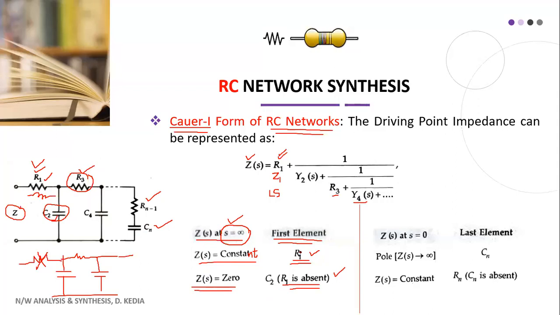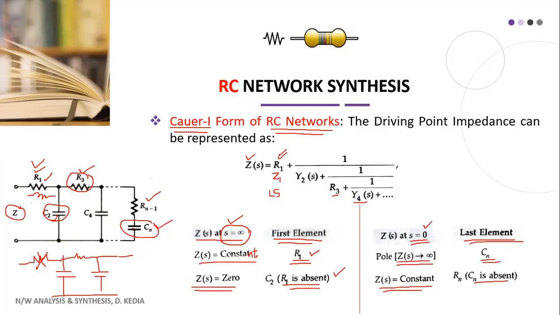This is the first element. Then for the last element, we will substitute s equal to 0. When we substitute s equal to 0, if Zs approaches infinity, then the last element will be a capacitor. And if for s equal to 0, Zs is constant, in that case the capacitor will be absent and only resistance will be there.